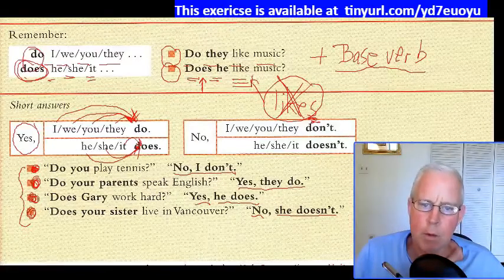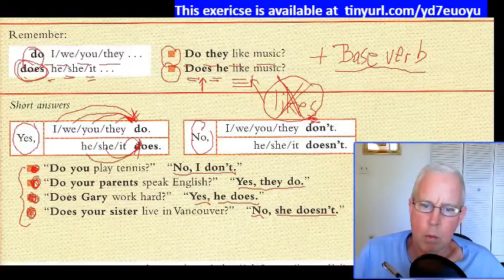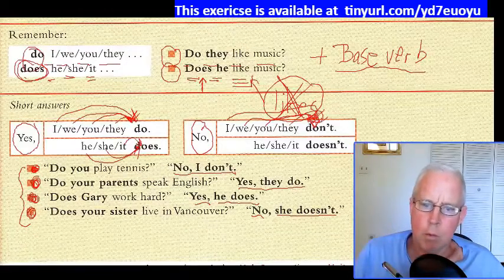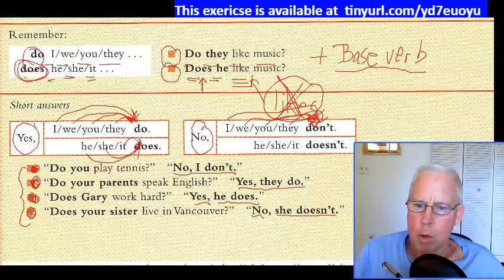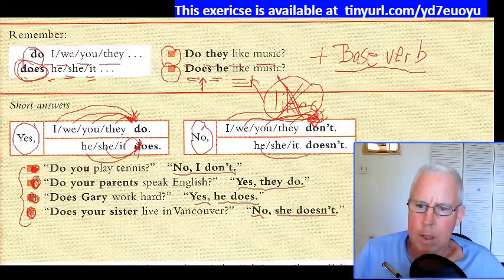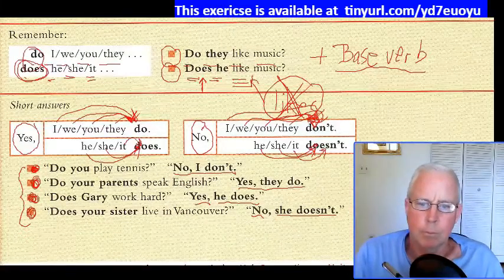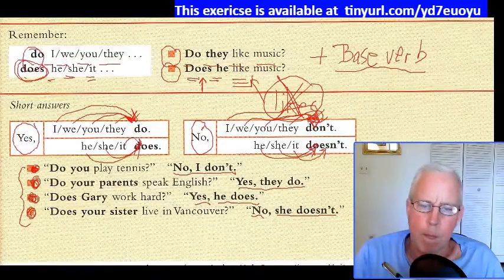And for the negative, it's no, I don't, we don't, you don't, they don't, but no, he doesn't, she doesn't, it doesn't. And that's it.